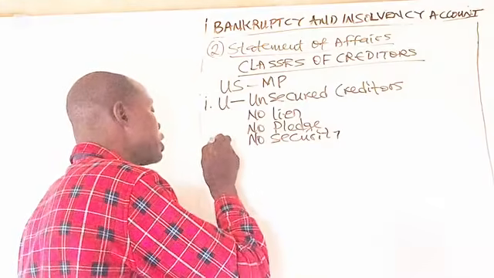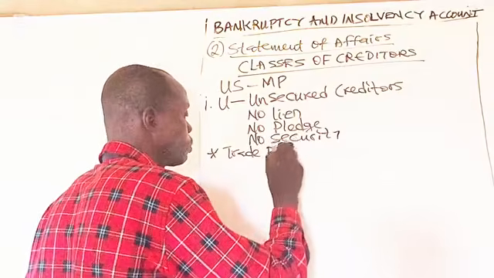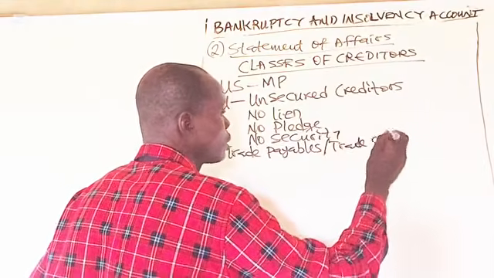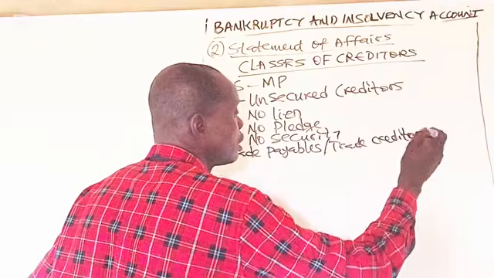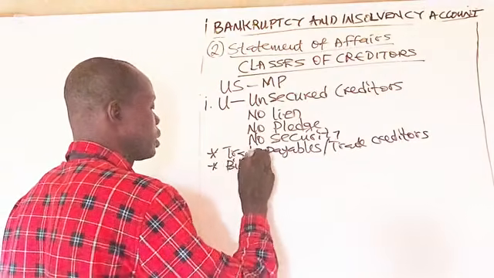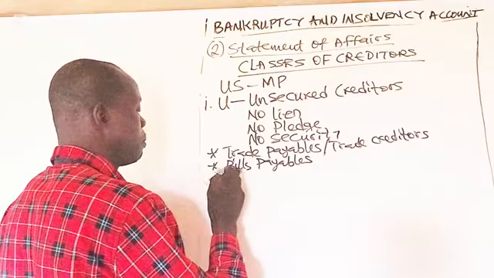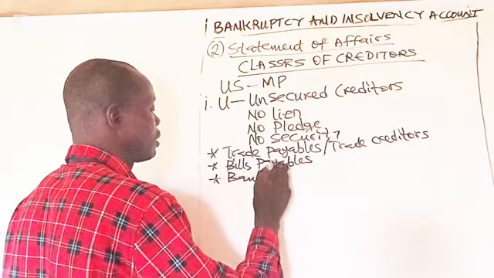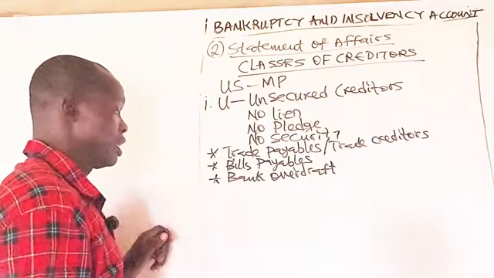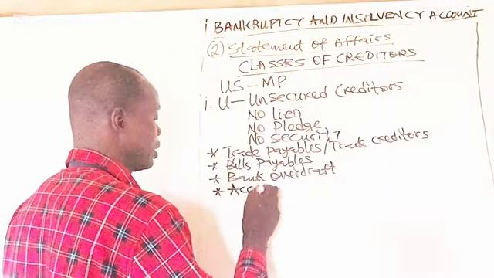Examples of unsecured creditors include trade payables or trade creditors, bills payables, bank overdraft, unless it is pledged on a specific asset, then accrued expenses.